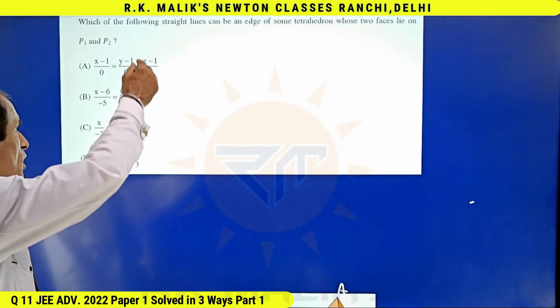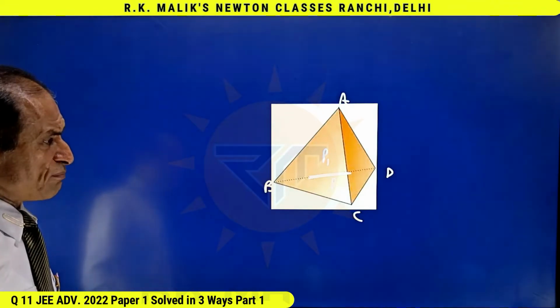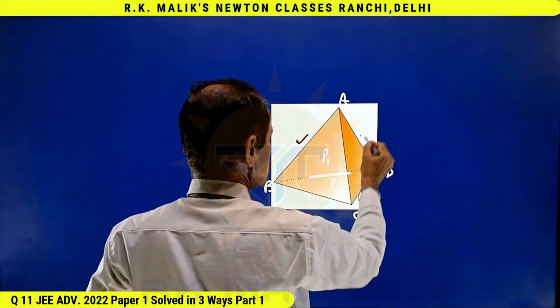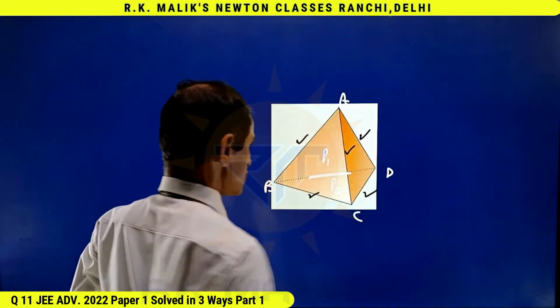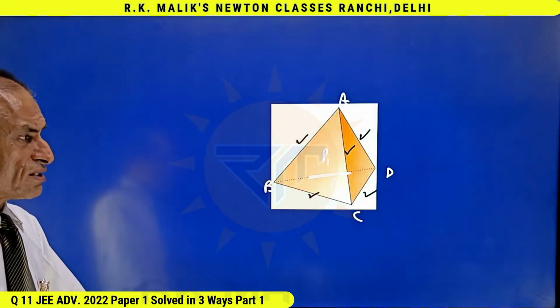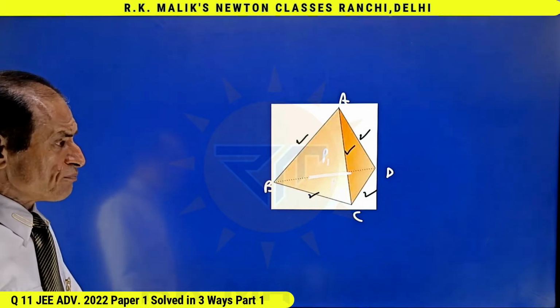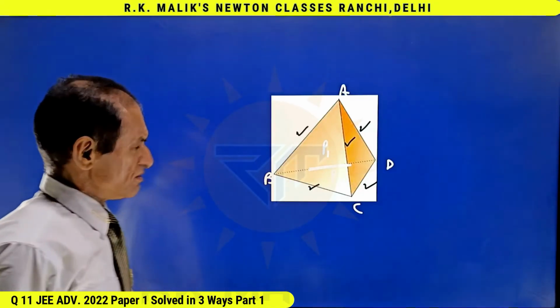And you have to find out of these lines, which of these lines can be this edge or this edge or this edge or this edge or this edge. We know that one of the edges clearly BD, and we have to find which of these lines can be edge of the tetrahedron.